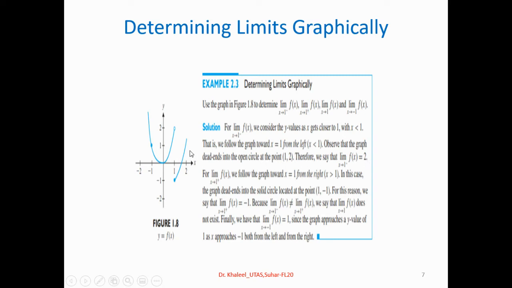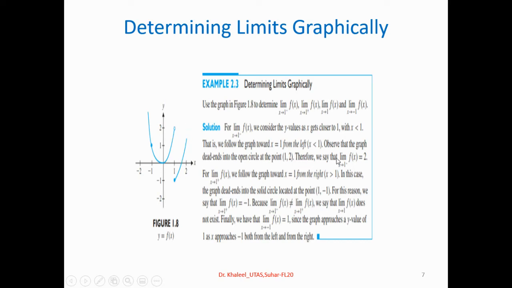Please note here the limit value is 2, but when x is equal to 1, the value of f(x) is not defined because we have an open circle here. The open circle is for finding the value of the function, but not for finding the limit of a function.